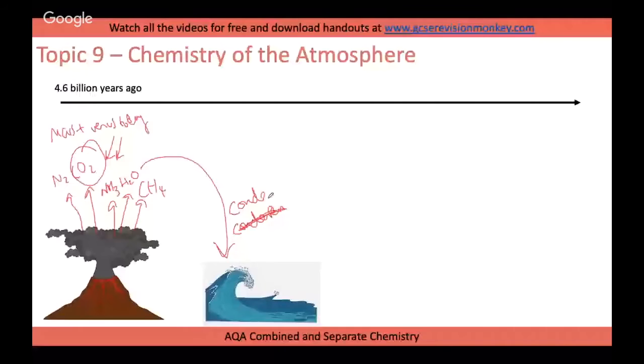And when that happened, a lot of the carbon dioxide from the early atmosphere dissolved into the oceans. And there it made the shells of early marine organisms.